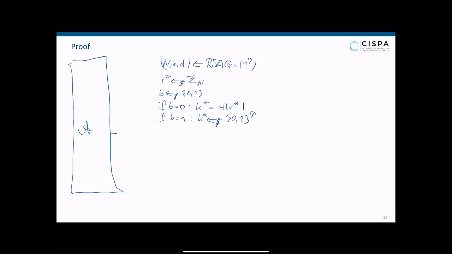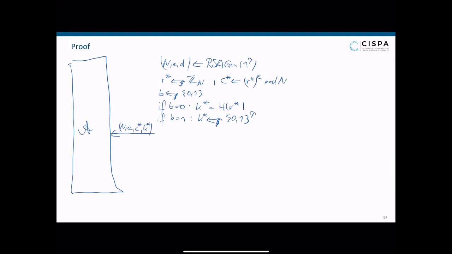And our adversary gets, of course, N and E. This is the RSA public key. I've forgotten one of the most important things. We set C star to be R star to the E modulo N, and the adversary gets C star and of course K star.